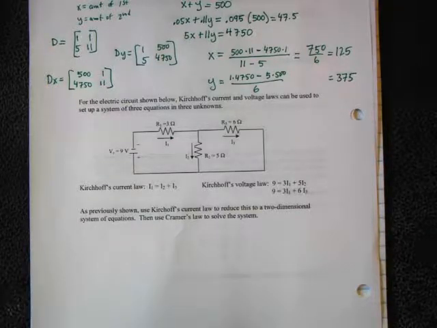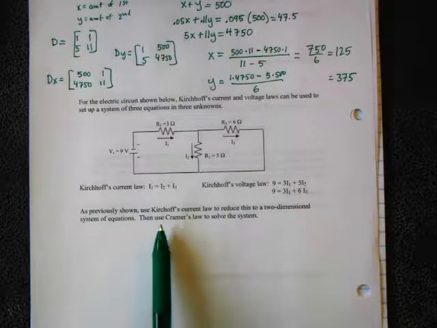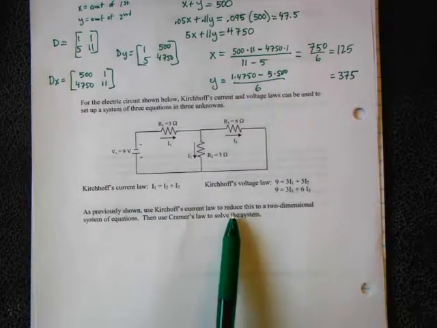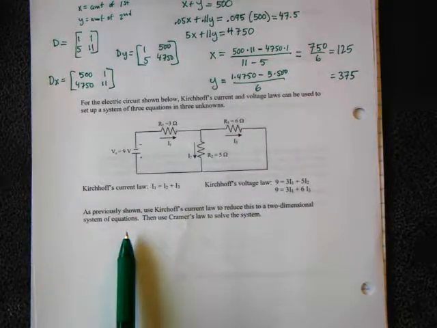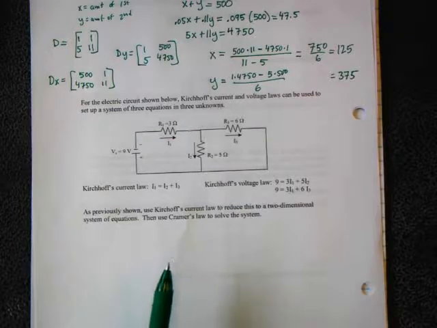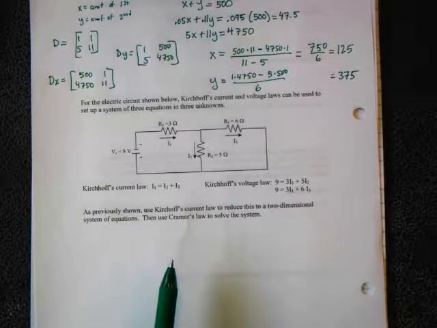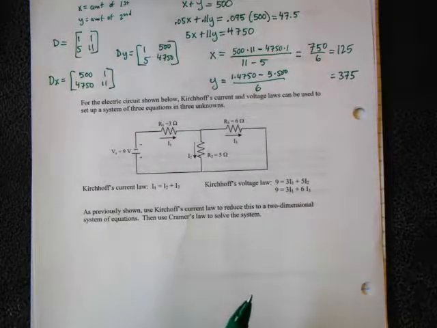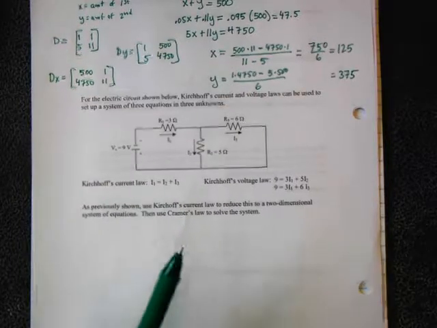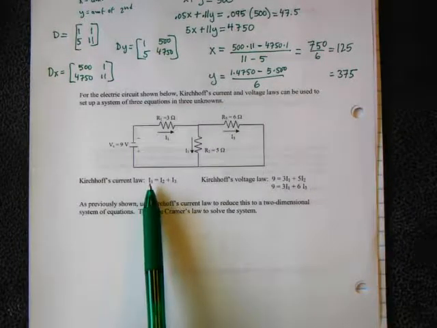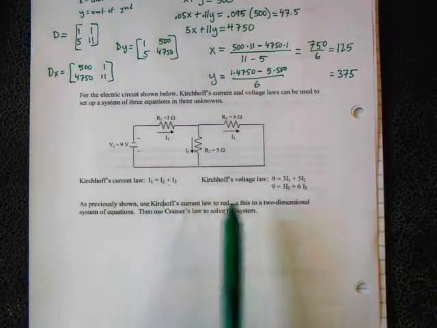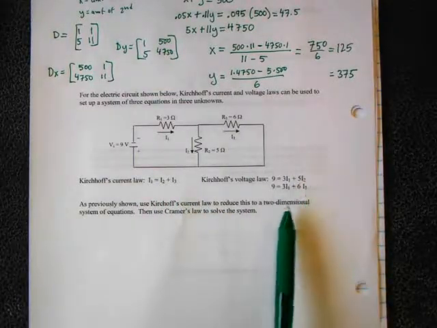So, what does it mean when it says use Kirchhoff's current law to reduce this to a 2-dimensional system of equations, then use Cramer's rule to solve? Notice what we have. We have 3 equations this time, don't we? And we have 3 variables, I1, I2, I3. This one only has I1 and I2. This one has I1 and I3.